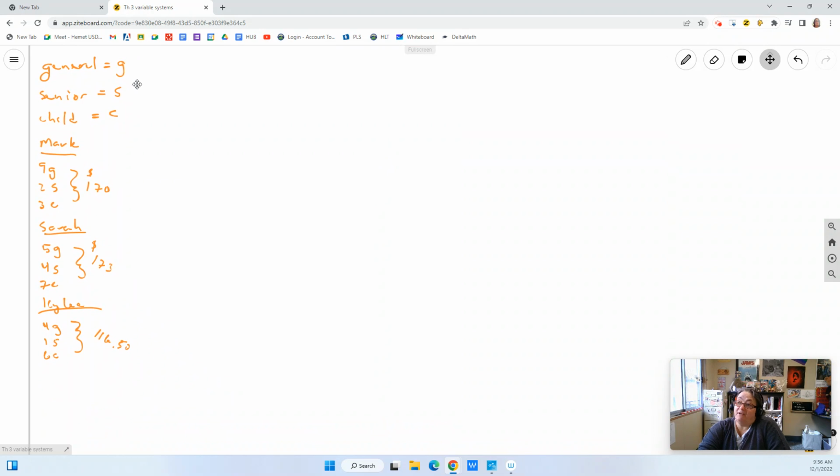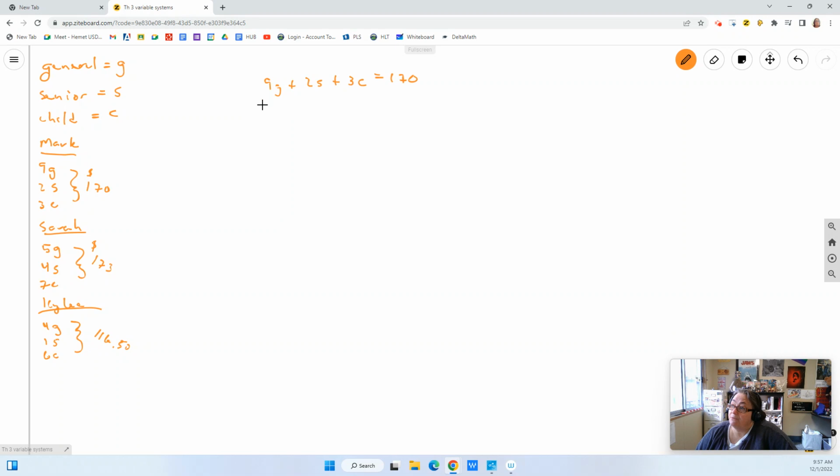What do we know? We know we need to find out what G equals, what S equals, and what C equals. How much does each ticket cost? But our equations basically write themselves. We have 9 general admission plus 2 senior plus 3 child equals 170, right?